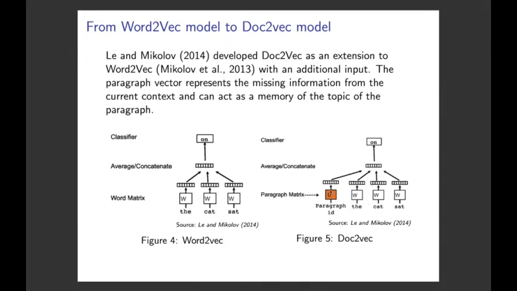When we apply this model to point of interest data, we can imagine the city as a huge document, each district as a paragraph, and each POI as a word in the document.